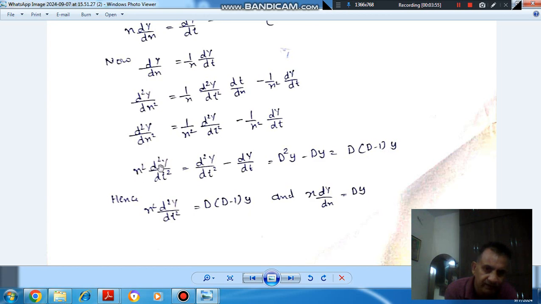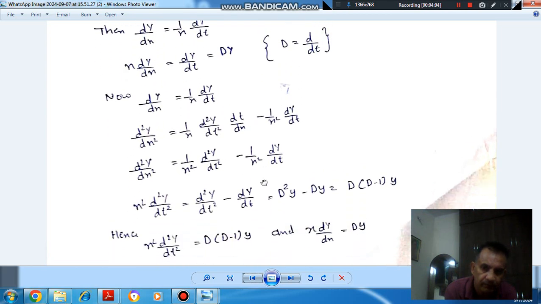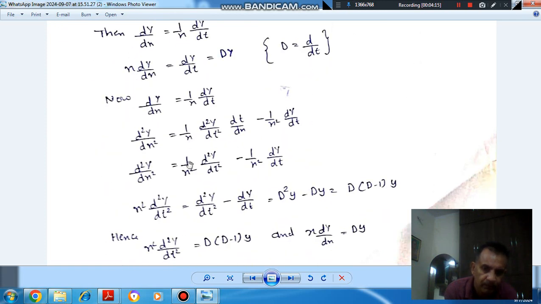So x square d square y by dx square can be written as D(D minus 1) y, and x dy by dx can be written as Dy.